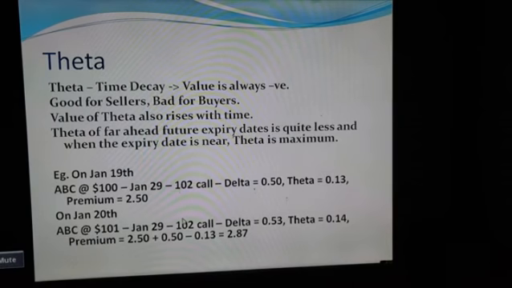But that doesn't happen because the option also decayed in price because of theta, and the decay was 0.13, so we reduce that: 3 minus 0.13 is 2.87. The current price of that option will be 2.87. Since we moved one more day closer to expiry, theta also increased, to 0.14. These are just examples, don't compare what I am saying with real examples. The value of theta will be different for different stocks and different options.